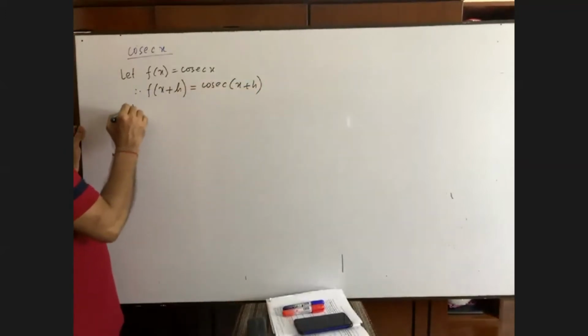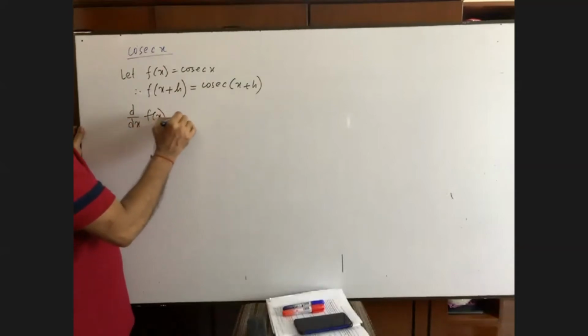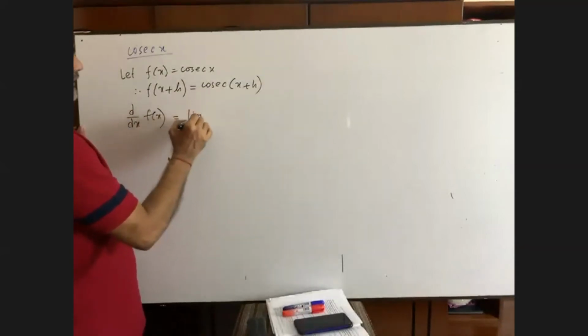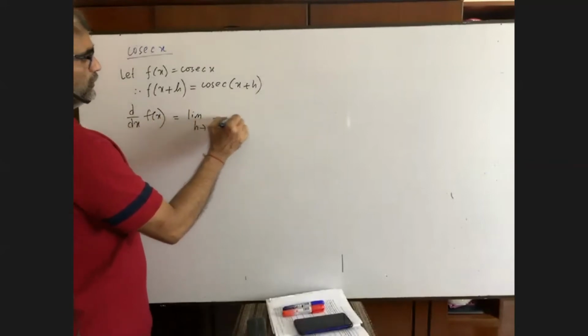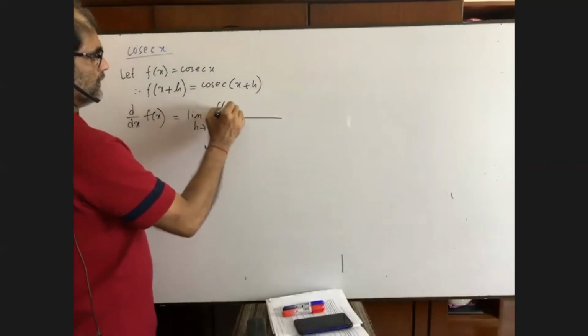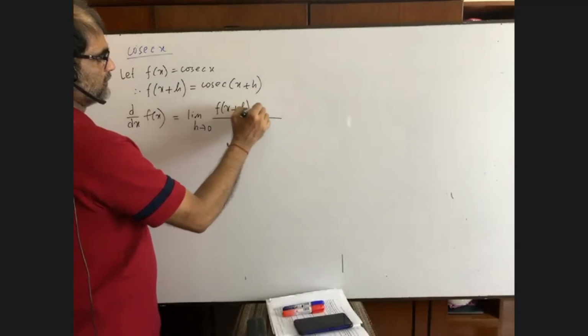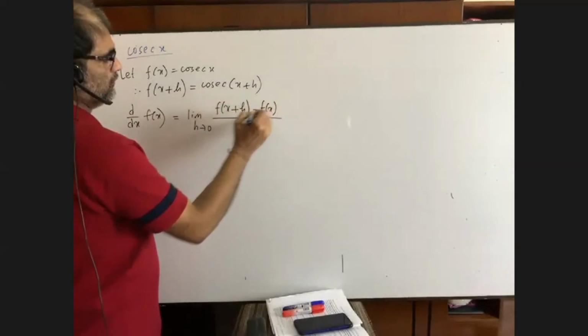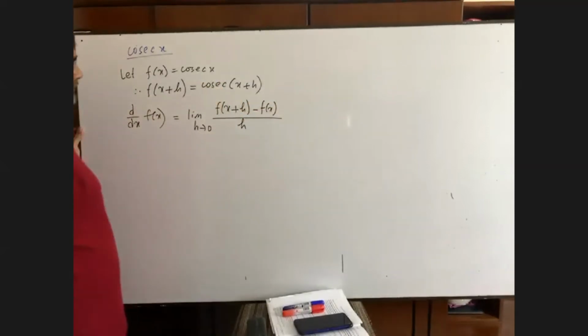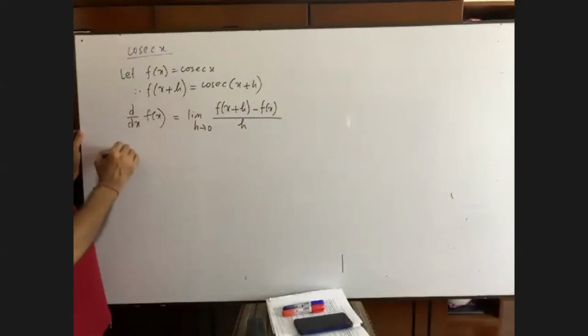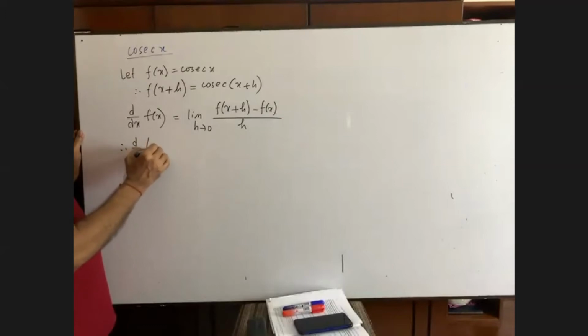We know d by dx of f(x) is equal to the limit as h tends to 0 of [f(x+h) minus f(x)] by h. Now put the value. What is f(x)? It is cosec x.